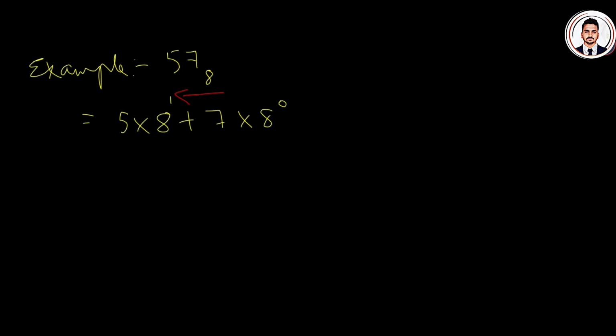So 5 into 8 is 40, plus 7 into 8 power 0. Anything power 0 is 1, so 7 into 1 is 7. After adding 40 plus 7, we get 47, which is the answer.